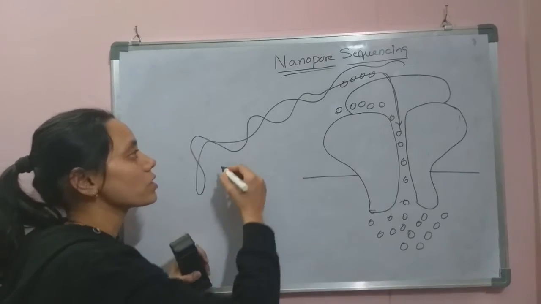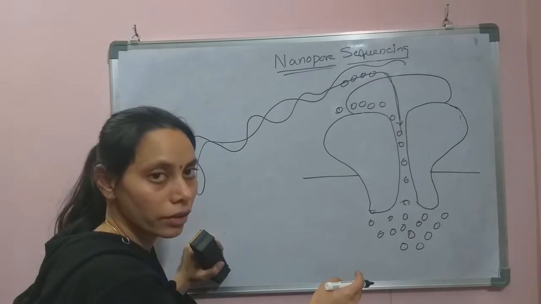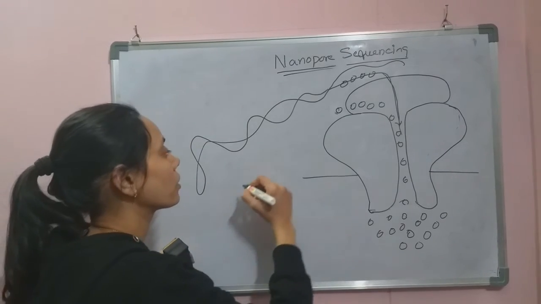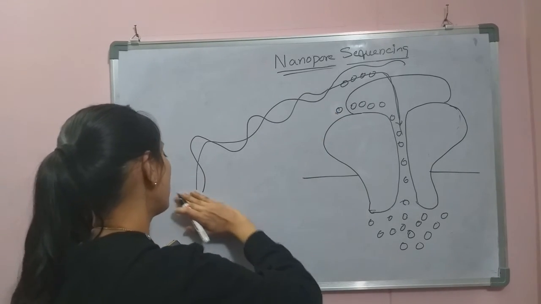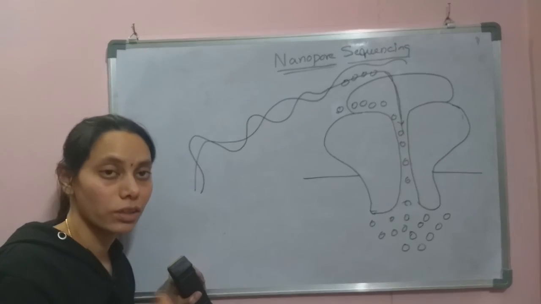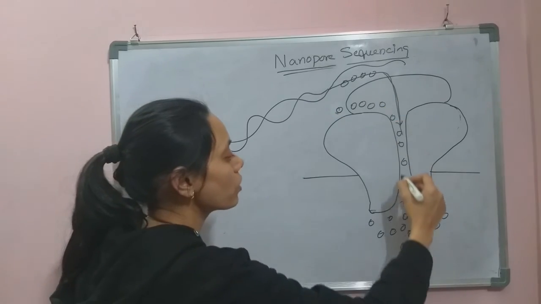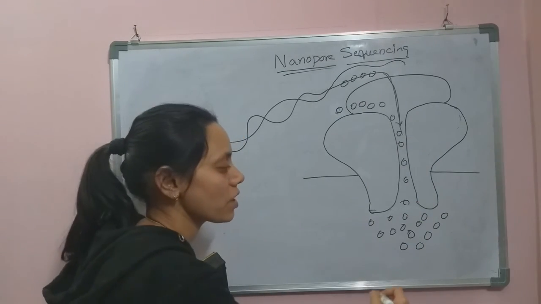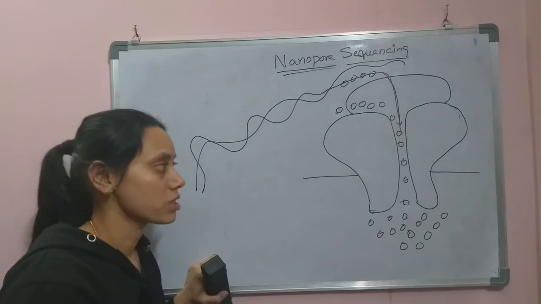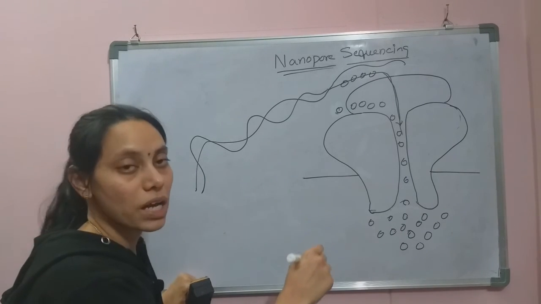Once this single strand is completely unwound, the other strand follows. There will be 2 strands because the DNA is generally double stranded in nature. Once the whole single-stranded DNA has passed through this membrane pore, the other strand will also pass through it.